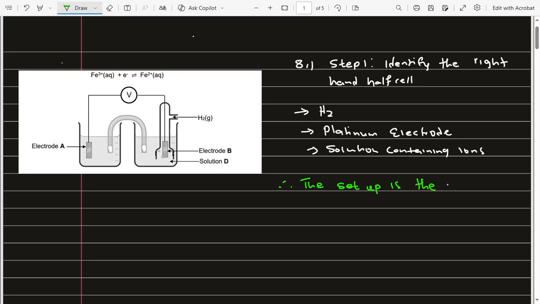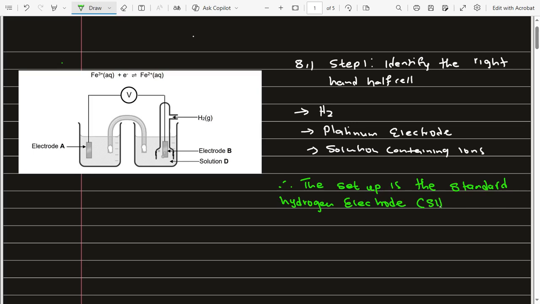The reason I want to explain everything is because some of these things we're going to need as we keep on moving. And we know that this is what we call the SHE.